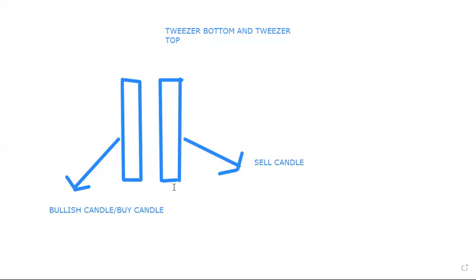So I hope you understand what we mean by that. In this scenario, it has to get to the opening price of that candle, or it could just be almost. Sometimes it can pass it a little bit. If it passes it too much, that becomes an engulfing pattern, which is much, much stronger.